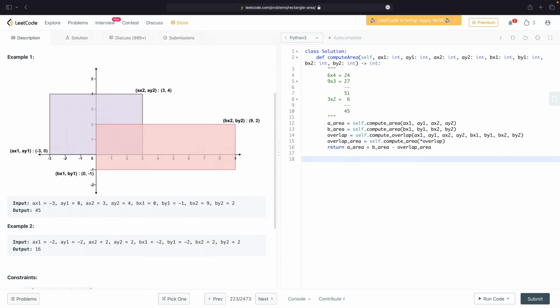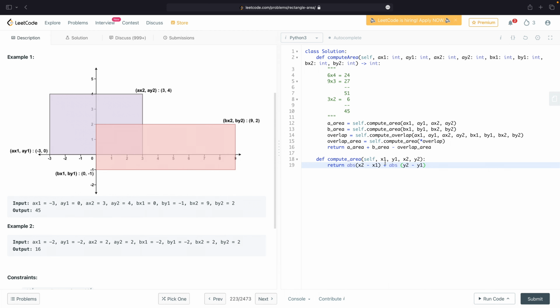So now we're left just doing these helper functions. Now the A area and B area, that's self.compute area. The compute area self x1, y1, x2, y2 is just going to be the abs of x2 minus x1 plus the absolute value of y2 minus y1.